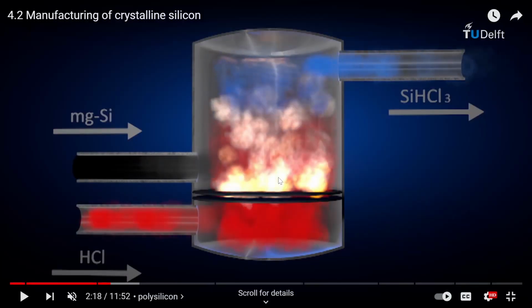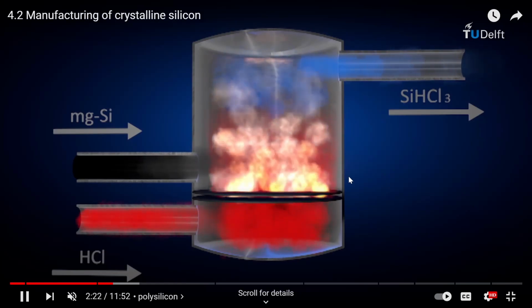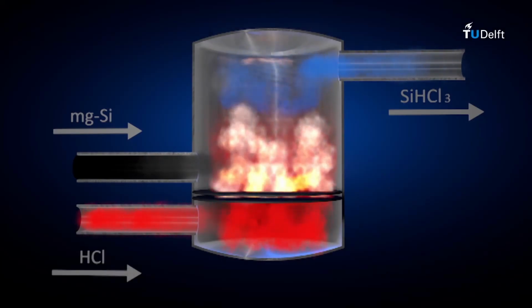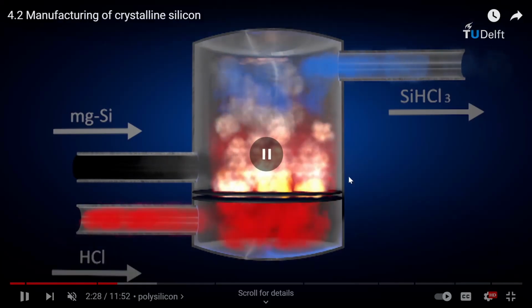See, this is the silicon and this is HCl, and it is reacting silicon with the HCl. So it is making a more pure form. These equations are already given in the lectures.